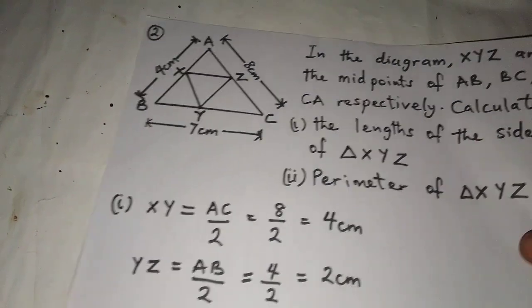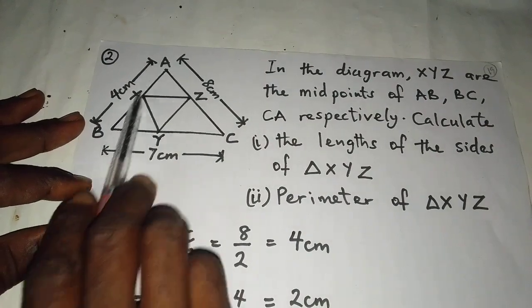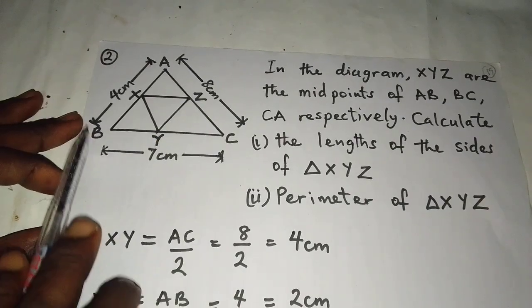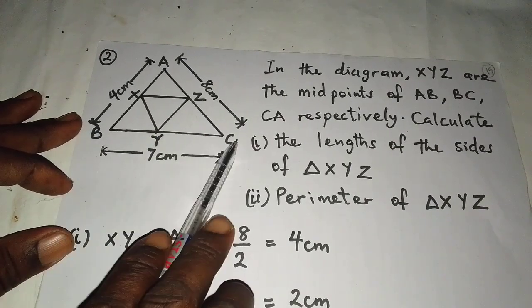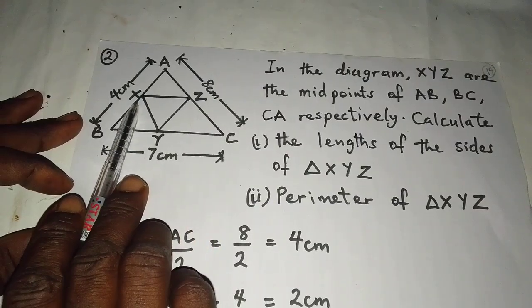You have this question. We are told that this is a triangle. The length here is 4 centimeters, BC is 7 centimeters, and this side is 8 centimeters.